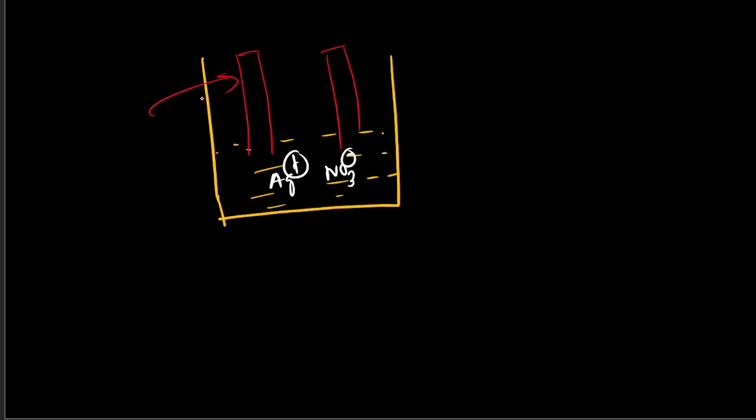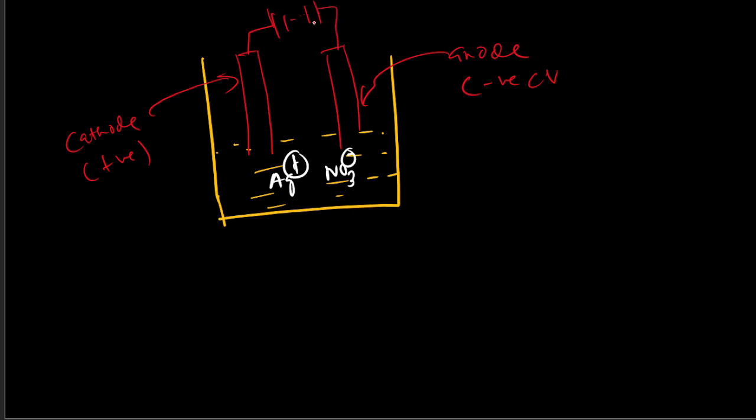This is the cathode, the positive electrode, and this is the anode, the negative electrode. So we give the electricity. Then when you give the electricity, what happens?